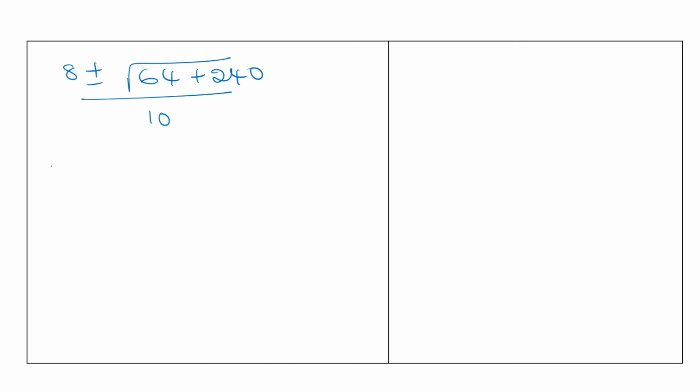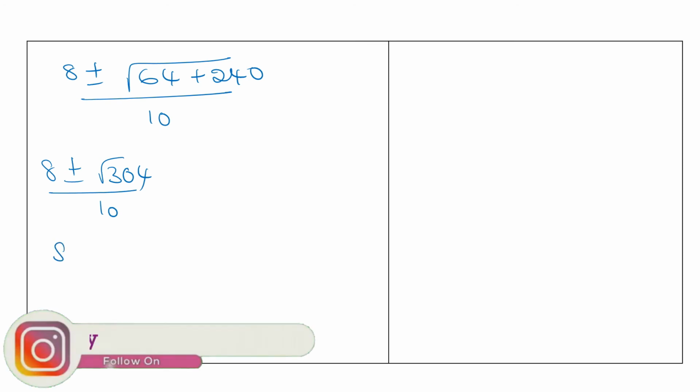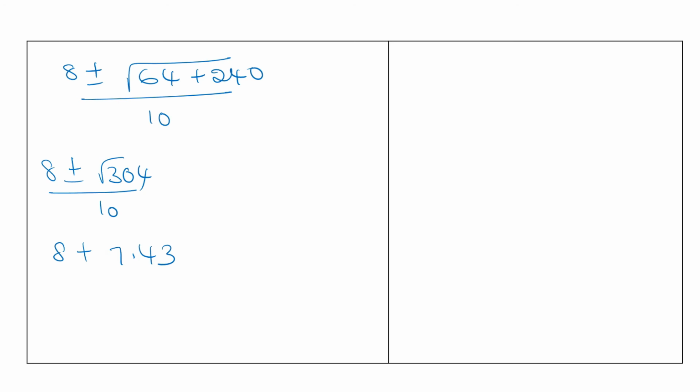So the roots are 8 plus or minus root 304 by 10. So this is 8 plus root 304, 17.43, this is 17.43 by 10.